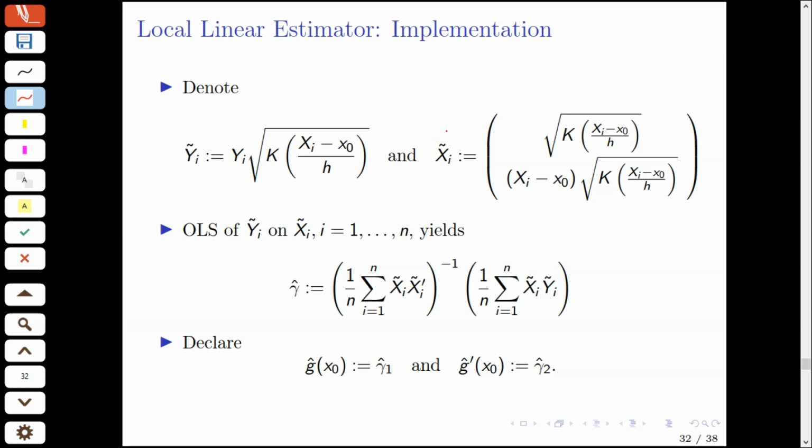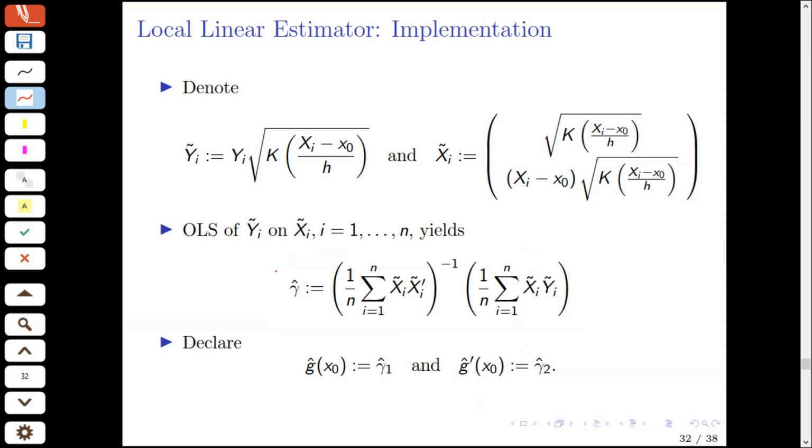Then local linear estimation arises from using ordinary least squares on these transformed outcomes, on the transformed regressors. And here I've just stated the formula for ordinary least squares for convenience.